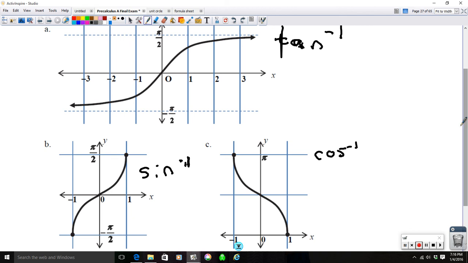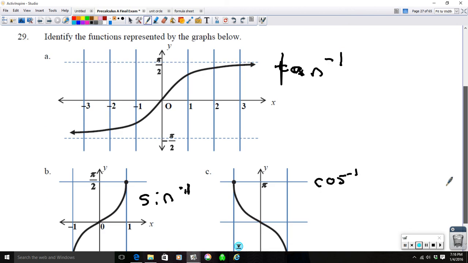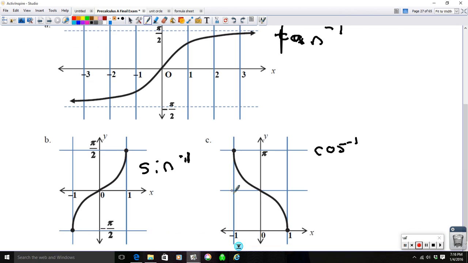For cosine, again, that's bounded both ways here. So the domain of cosine inverse is between -1 and 1. And again, cosine inverse exists between 0 and pi. And again, go back to your cosine graph. x values between -1 and 1, y values between 0 and pi.